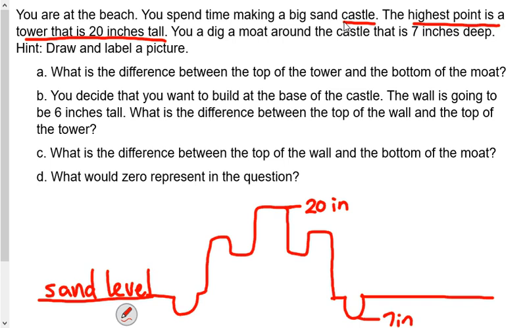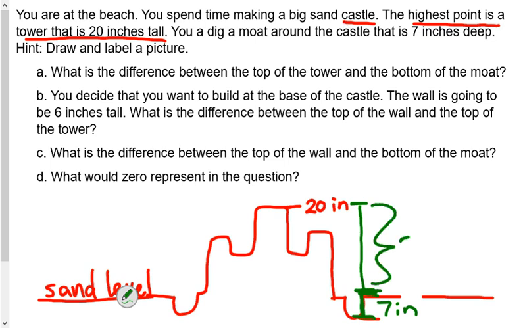So we would say that this distance from here to here is 7 inches because it's 7 inches deep. And the distance from here to here is 20 inches because the tower is 20 inches tall.